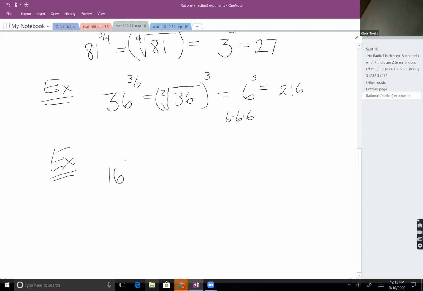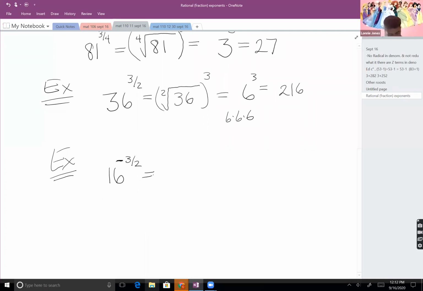If I have 16 to the negative 3/2. First of all, what does it mean if my exponent is negative?